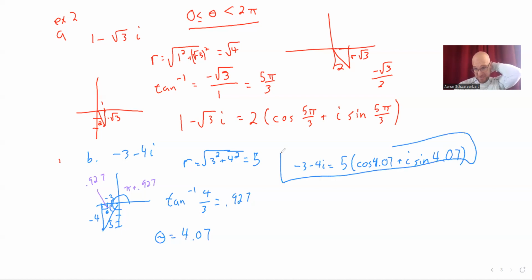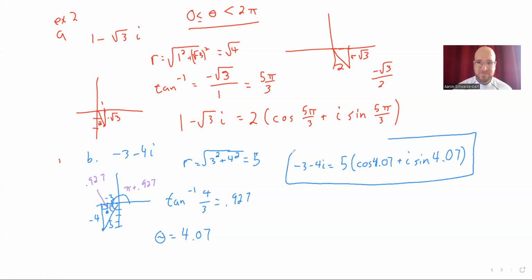And there we go. That is my answer. So that's converting. It's not bad if you draw the triangle and you take the work and you think about your angles.